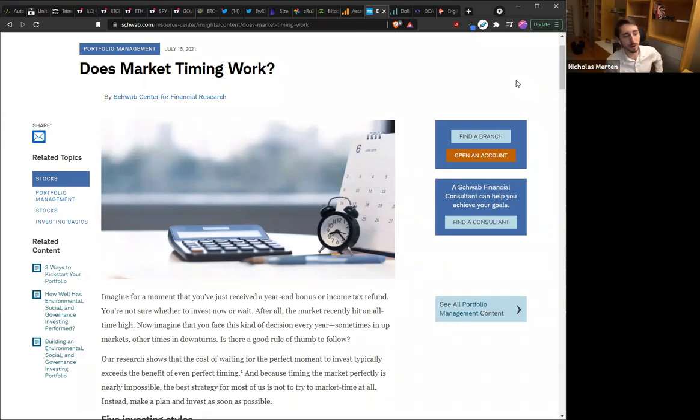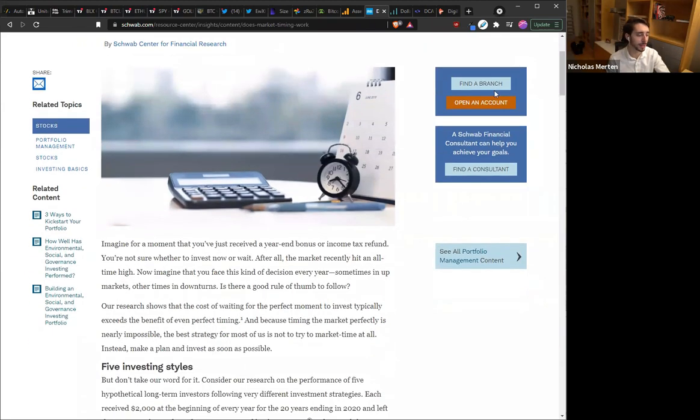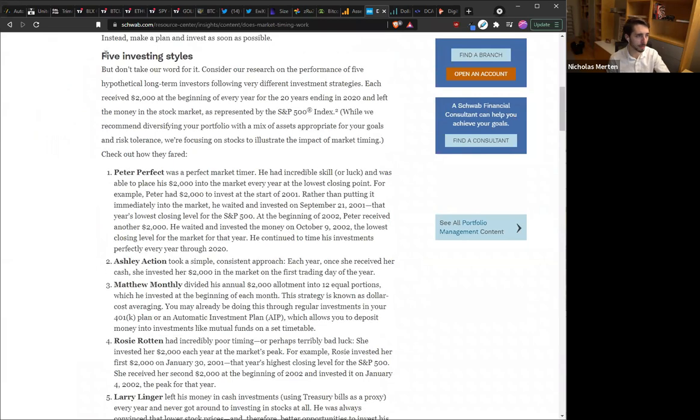So Charles Schwab is an equity brokerage company at its core. It has a lot of other services, but they focused on 5 investing strategies an investor could take on investing in the stock market over the past 20 years, ending in 2020.